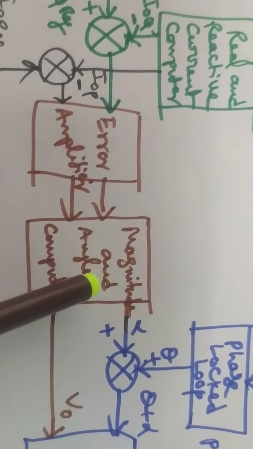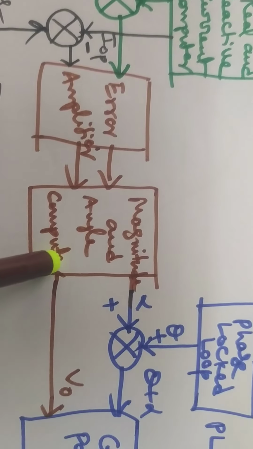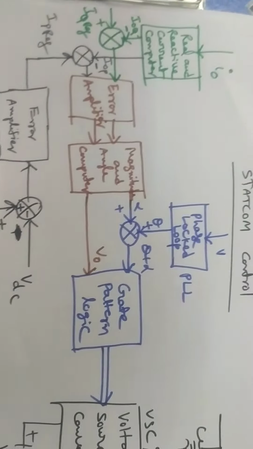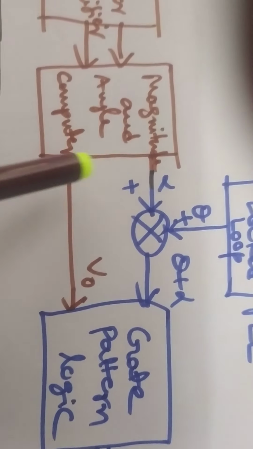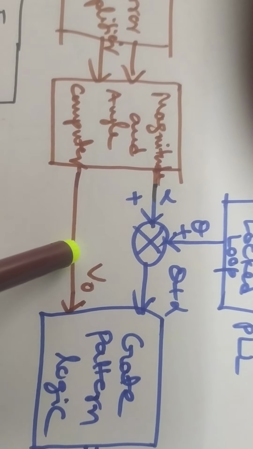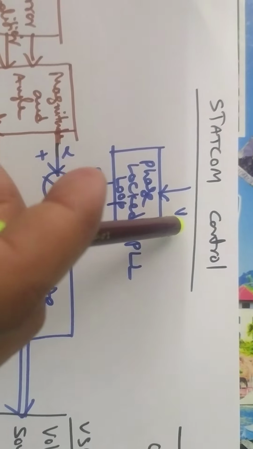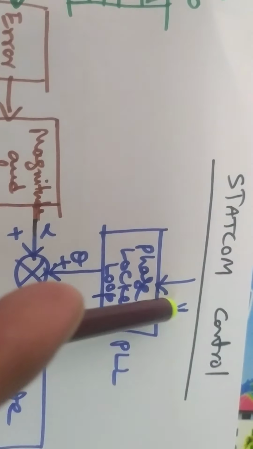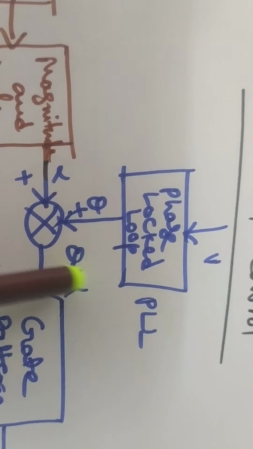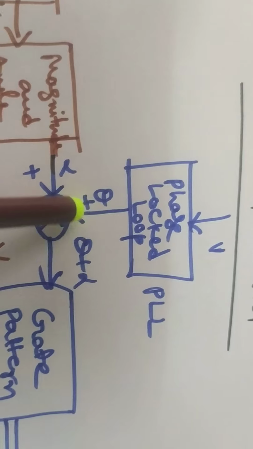This amplifier will amplify the signal and give it to the magnitude and angle computer of the voltage. So this alpha is the angle and V0 is the magnitude computed from the error signal. And here this V is the system voltage. System voltage is given to the phase locked loop PLL in order to generate the synchronizing signal theta.